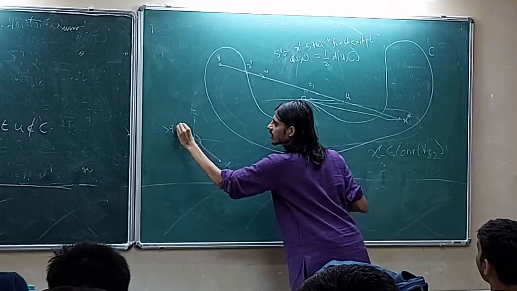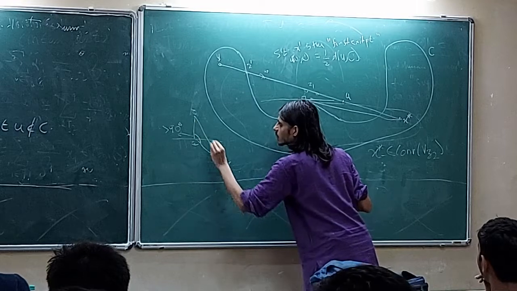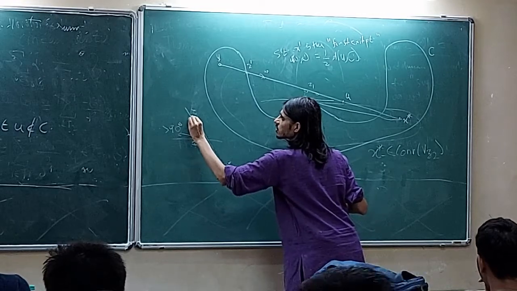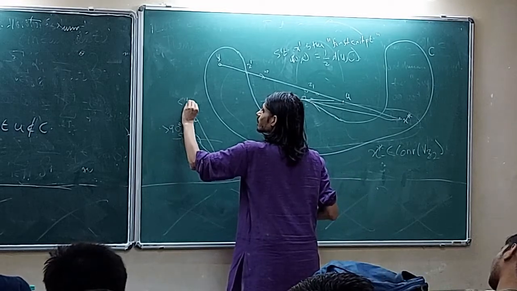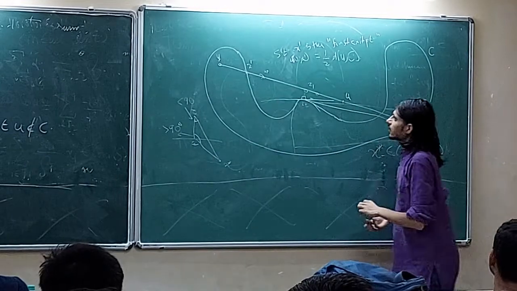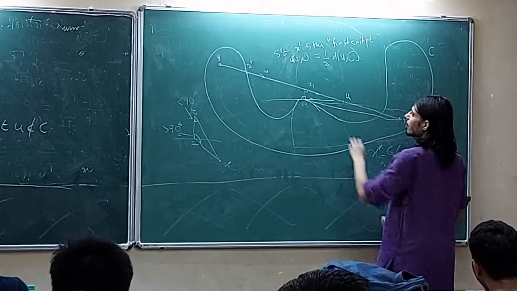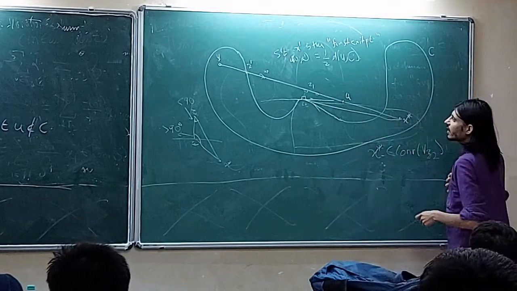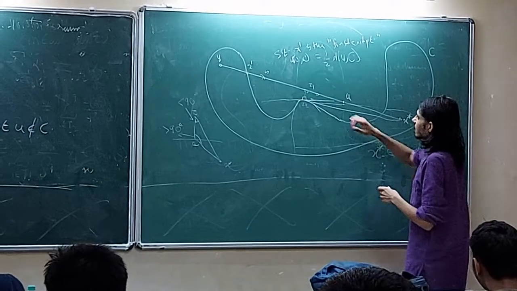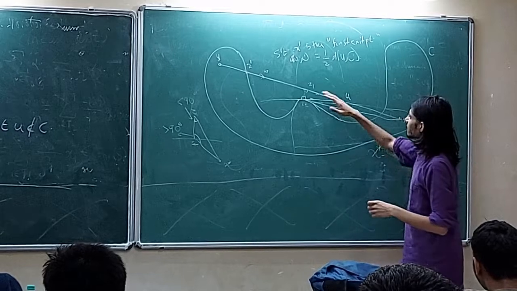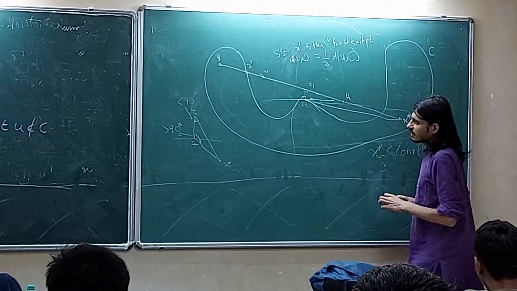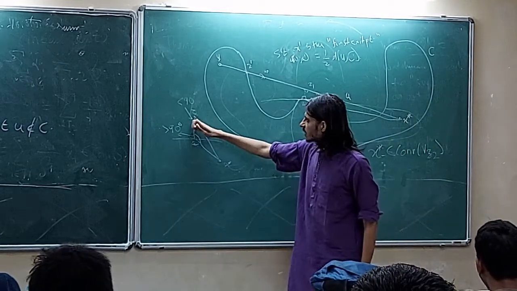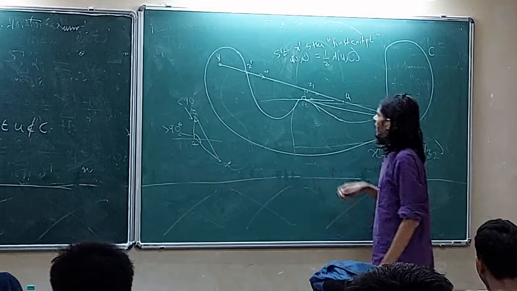And because this is greater than 90 degrees, this angle that you see here is smaller than 90 degrees. So if you draw a triangle like Z2, Z1, X or whatever, it's not apparent from this diagram, is it? But anyway, this angle will be smaller than 90 degrees.